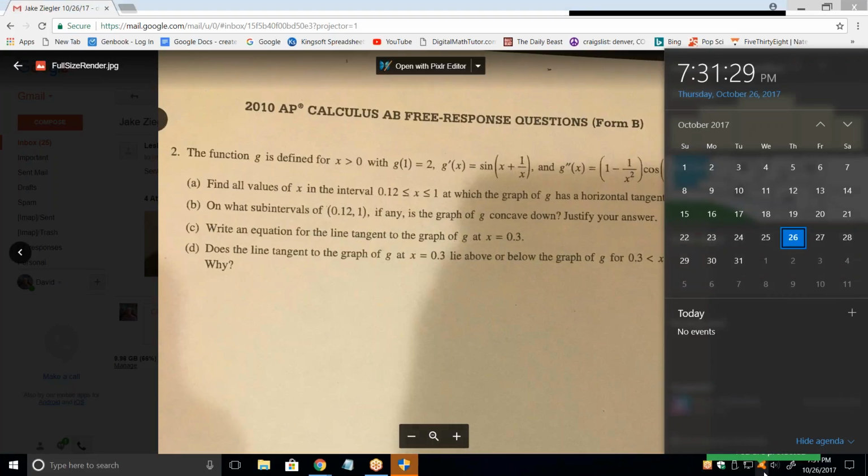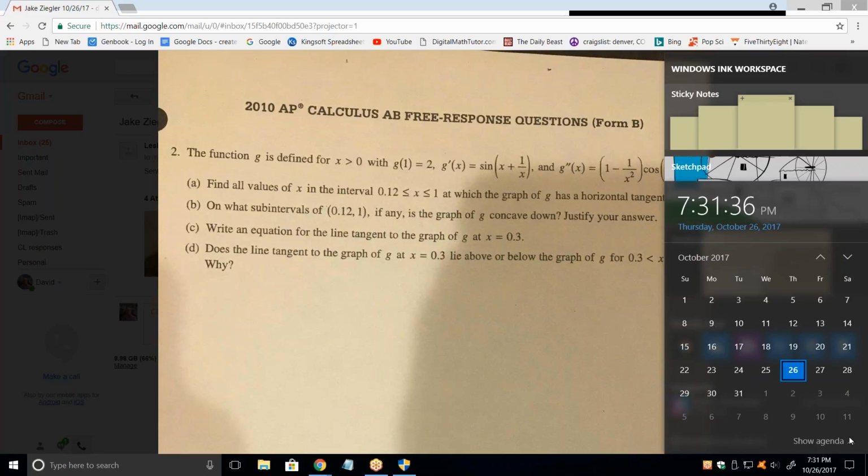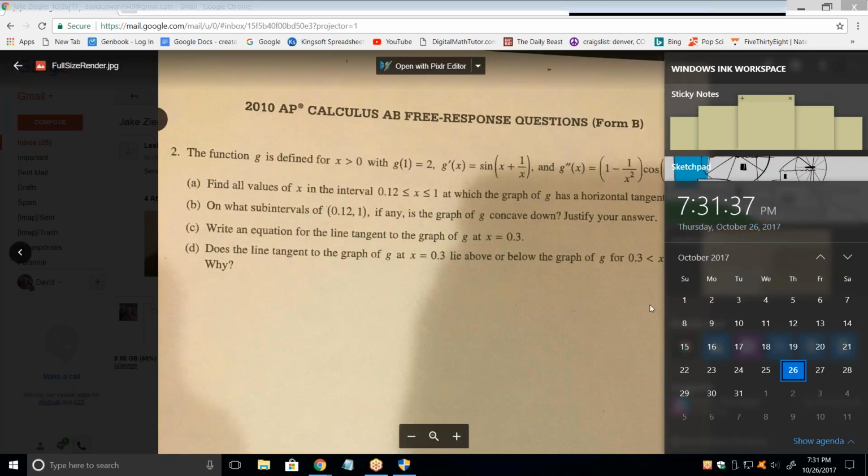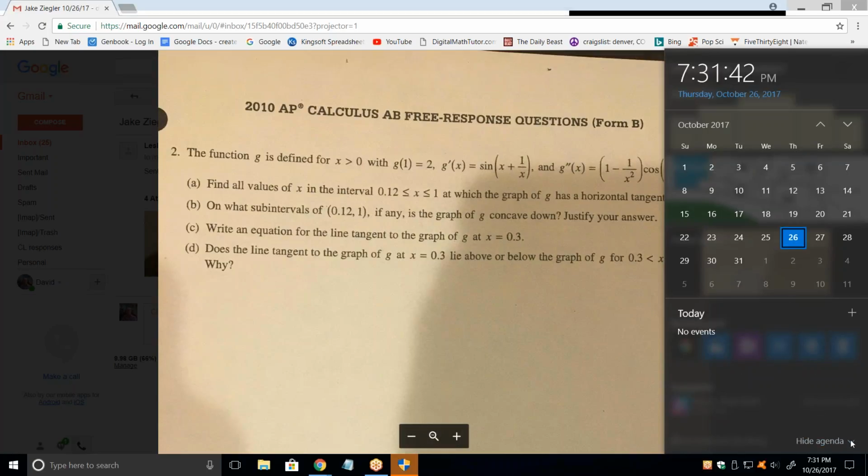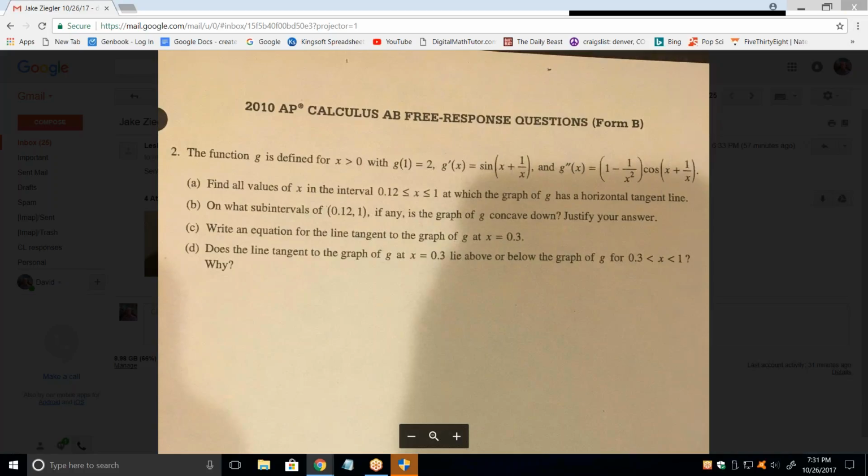The heck is going on here? My calendar popped open, of all things. How do I close it out? Oh, just click on the picture.